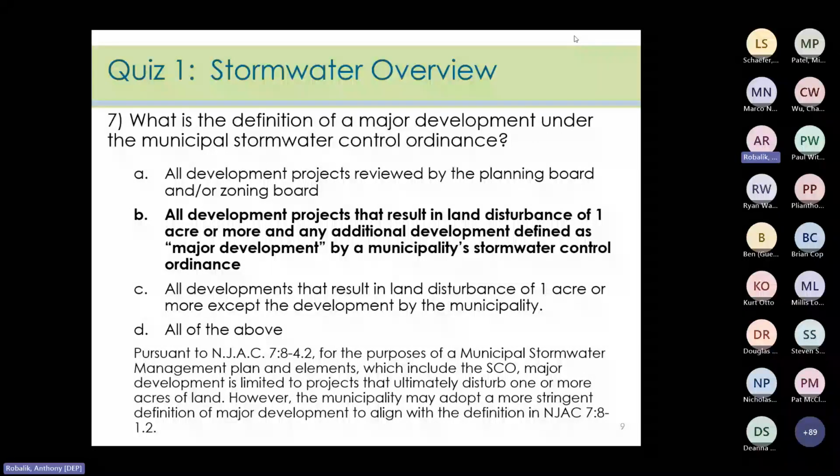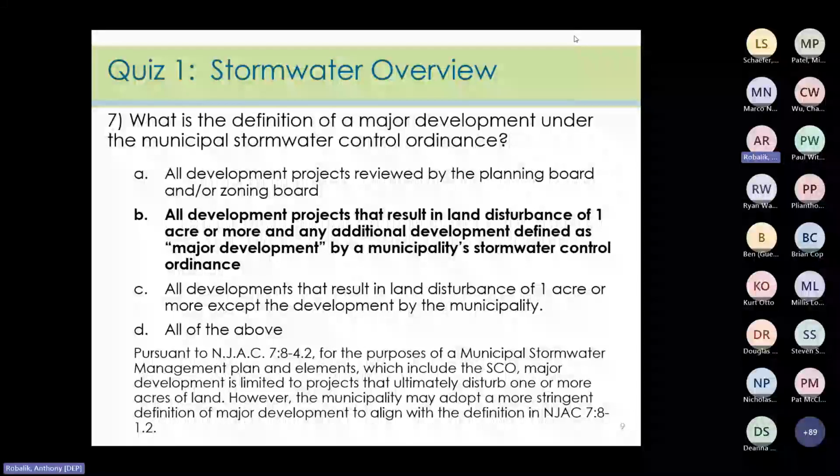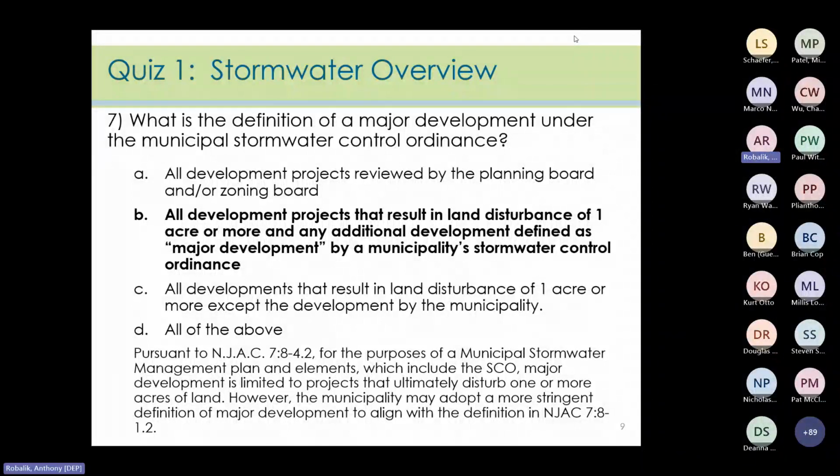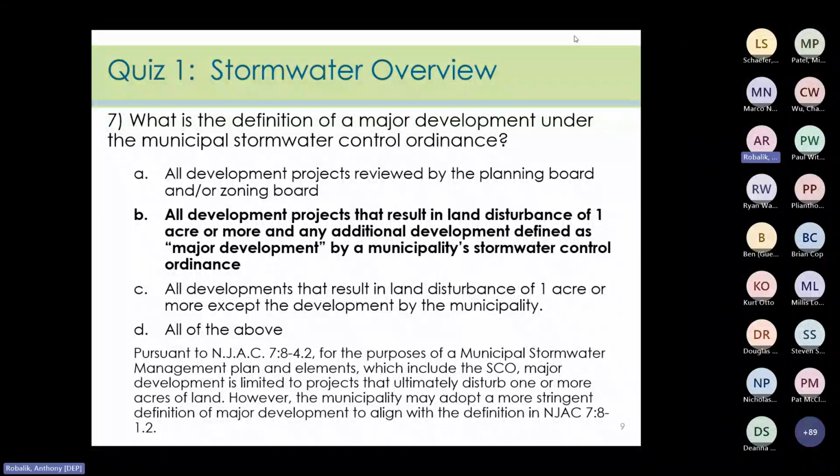And this is pursuant to N.J.A.C. 7:8-4.2 for the purposes of a municipal stormwater management plan and elements, which include the SCO, or the Stormwater Control Ordinance. Major development is limited to projects that ultimately disturb 1 or more acres of land. However, the municipality may adopt a more stringent definition of major development to align with the definition found in section 1.2 of the stormwater rule.